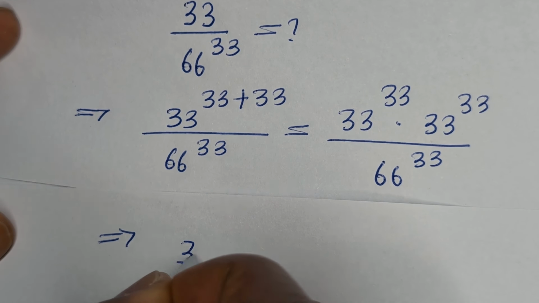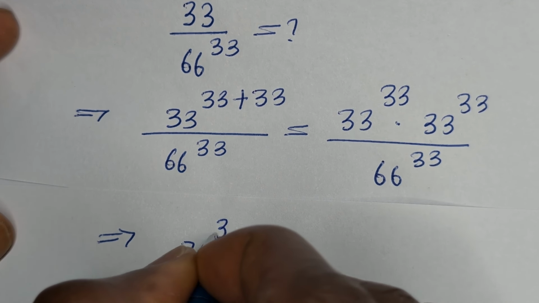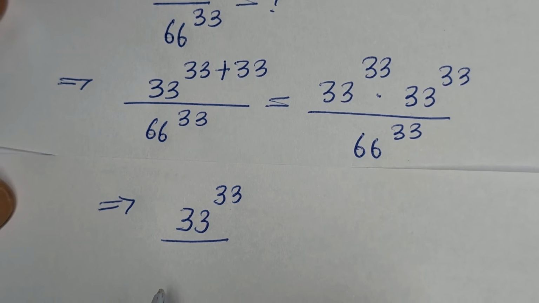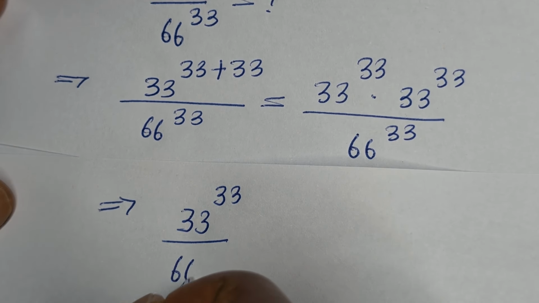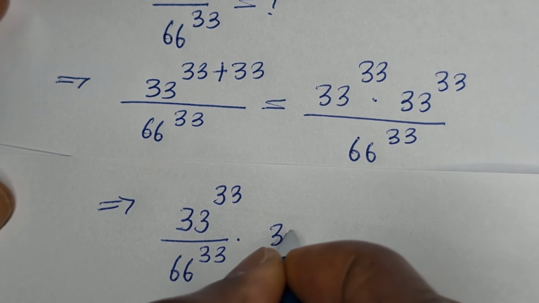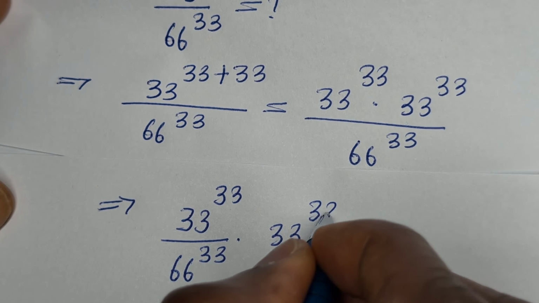This is 33 raised to power 33 divided by 66 raised to power 33 multiplied by 33 raised to power 33.